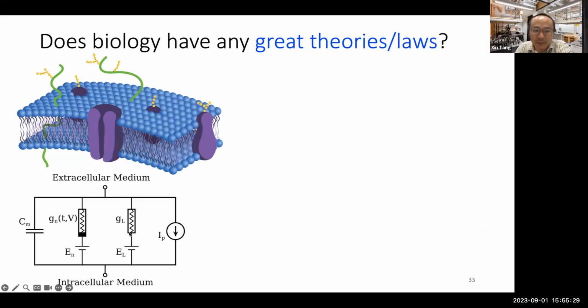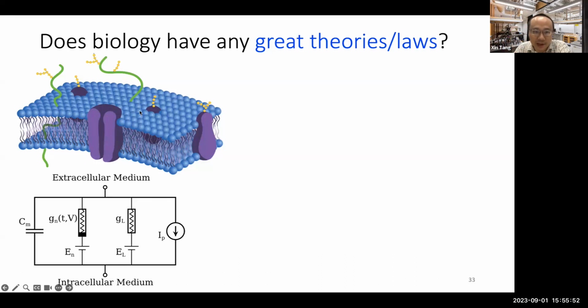The membrane will look like a circuit. It will have a variable capacitance and variable resistance, because those ion channel proteins can open, close, and change their conformation.